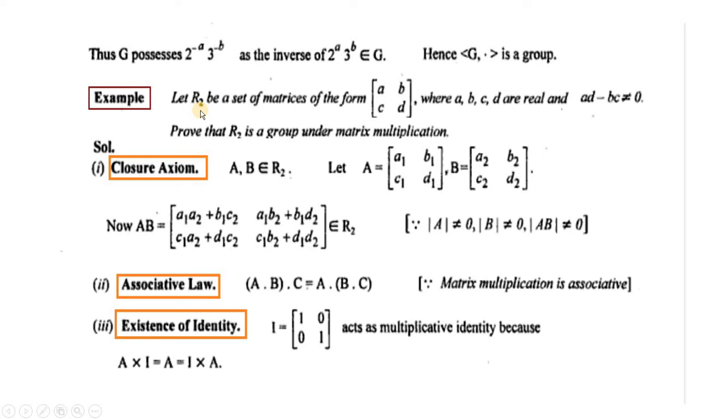Let R2 be a set of matrices of this form where the entries a, b, c, d are real and the product ad minus bc is not equal to 0.